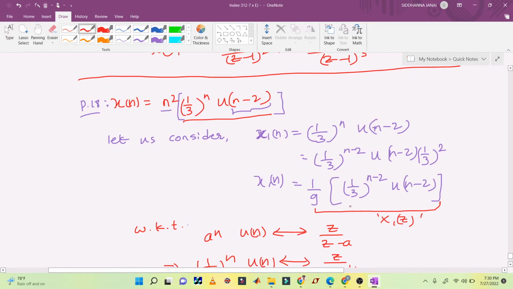Now for this x1 of z, we need to apply 2 times differentiation, because our actual x of n is n square into this value.